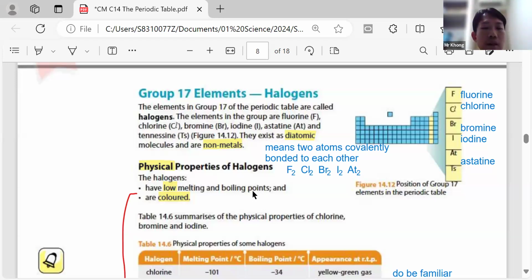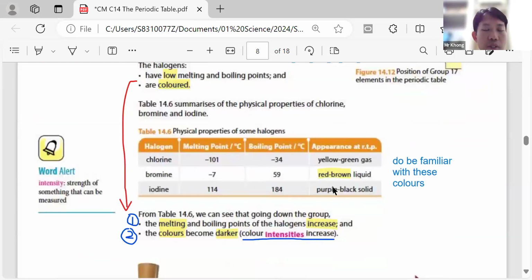I'm going to show you these two trends. The first trend is that for all our halogens, the melting points and the boiling points increase down the group. And secondly, the colors also become darker. That means the intensities of these colors intensify and increase.